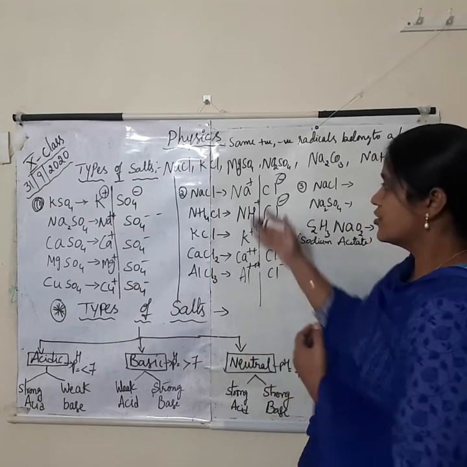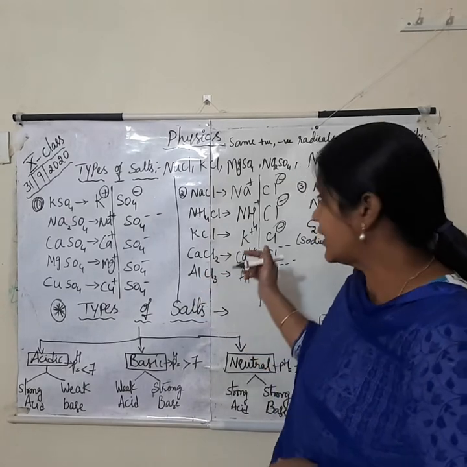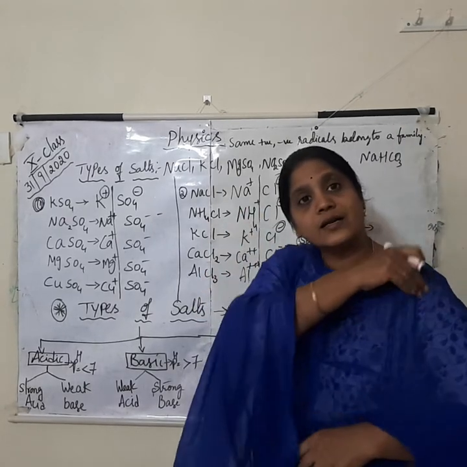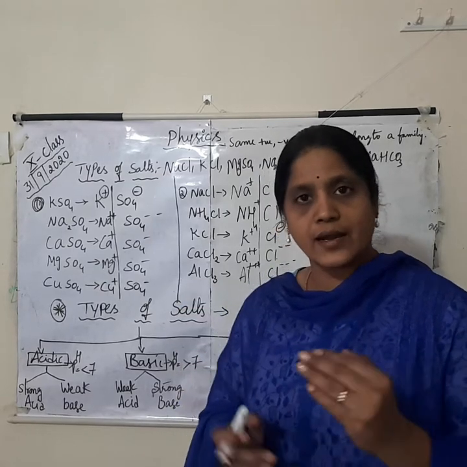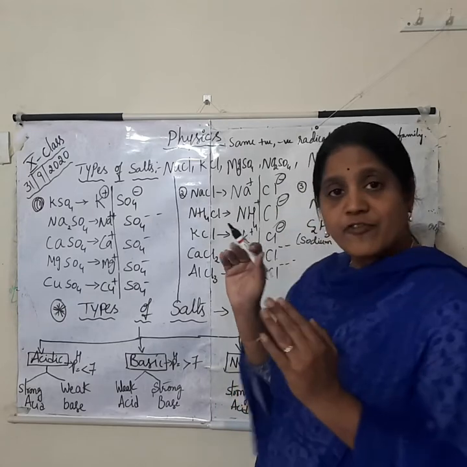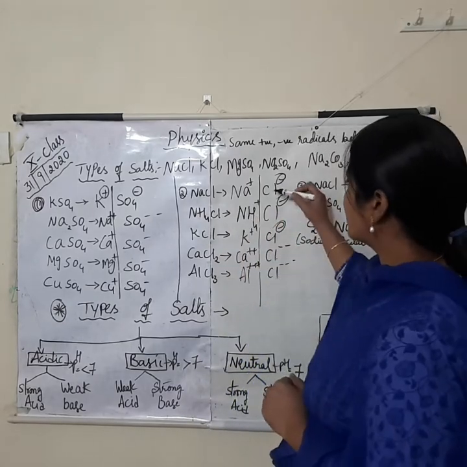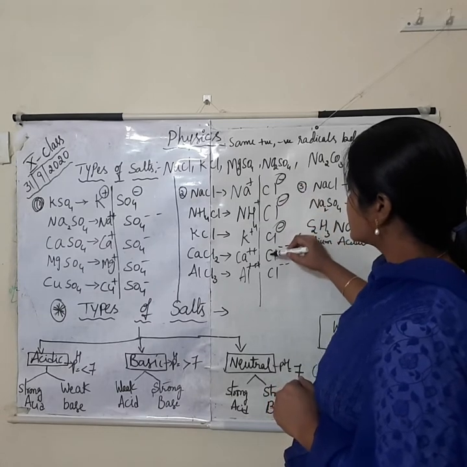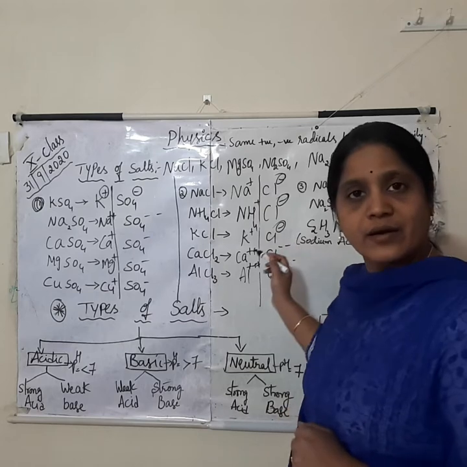These salts also contain negative and positive ions, and one ion is common to all of them. Which is common here? Chloride, chloride, chloride. The chloride ion is common here.